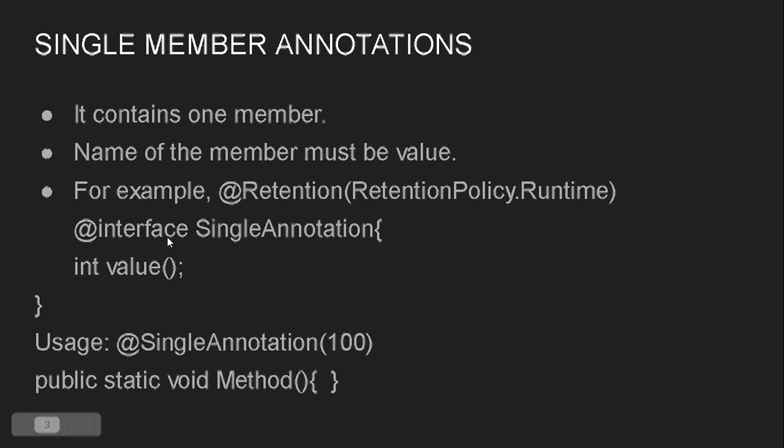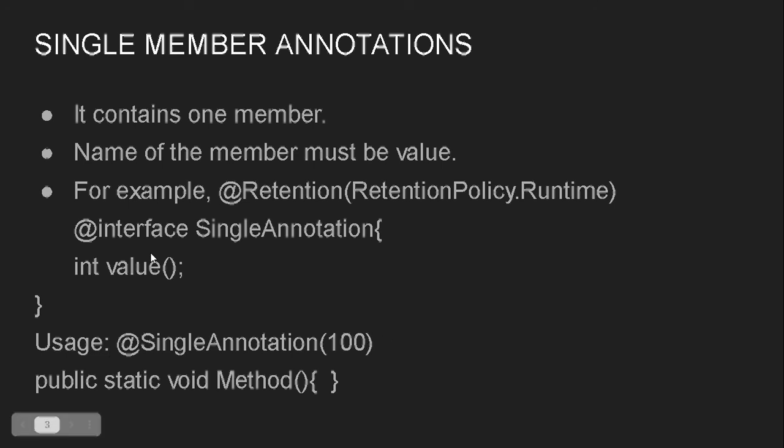So usually in a single member annotation, the member is named value. Whenever we use this before a method or something, we can use it in this manner: @SingleAnnotation, and after that we can simply write 100 here.